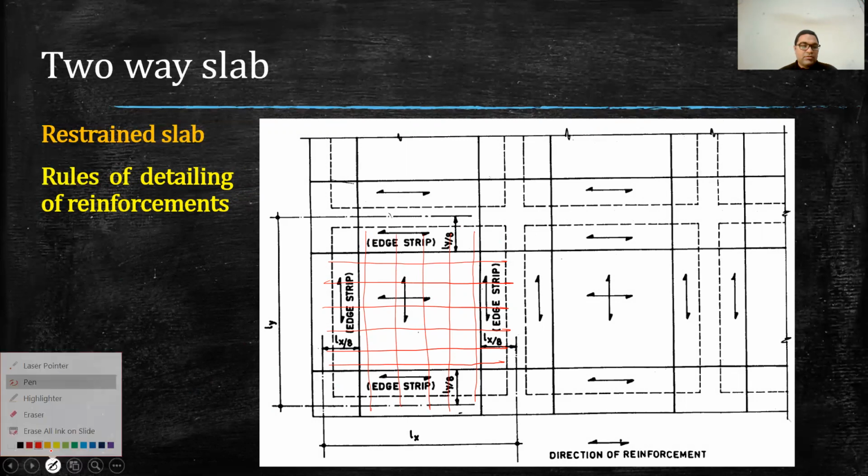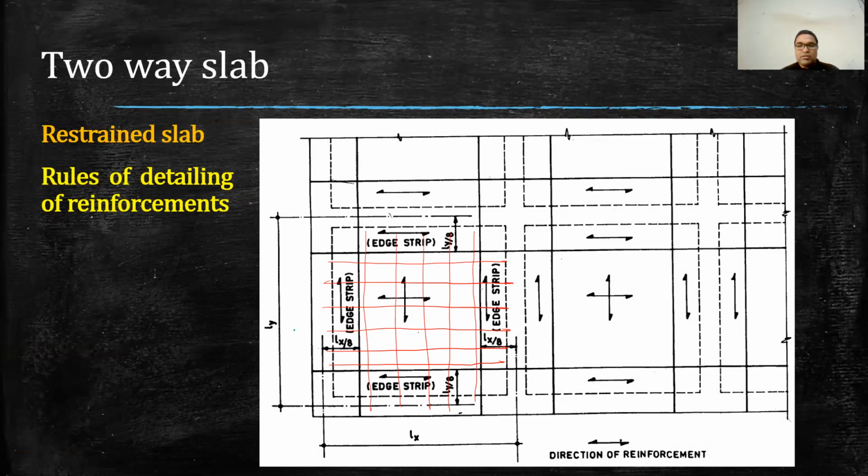Similarly, the distribution reinforcement will be along the edge strip only. So it will be shown like this. Similarly for this also, the reinforcement will be something like this.